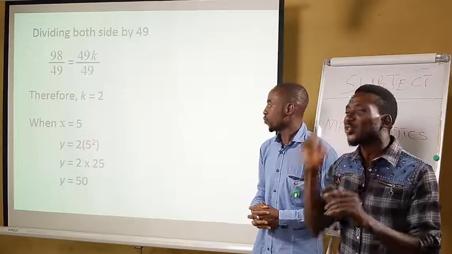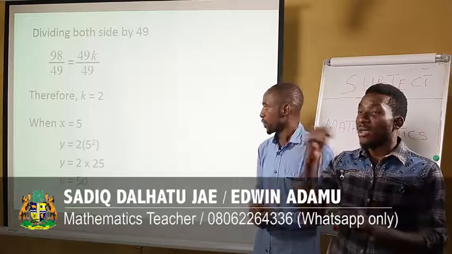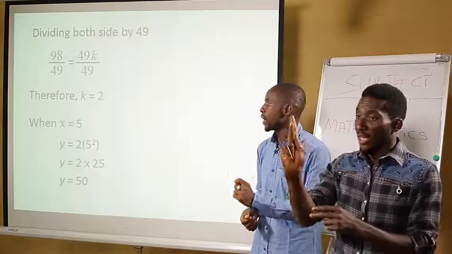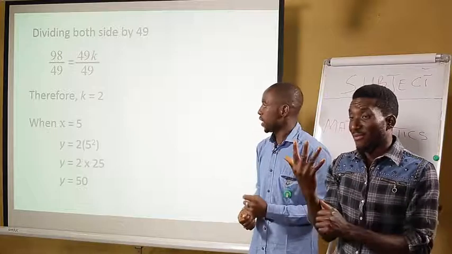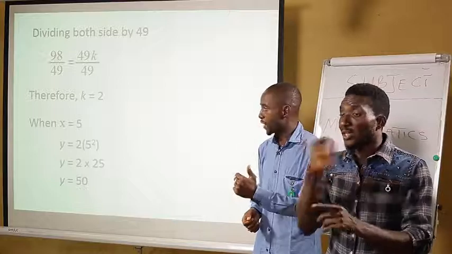Then the question says we find the value of y when x equals 5. So we are going to substitute the values of k and x, which is 5, in the equation y equals kx squared.